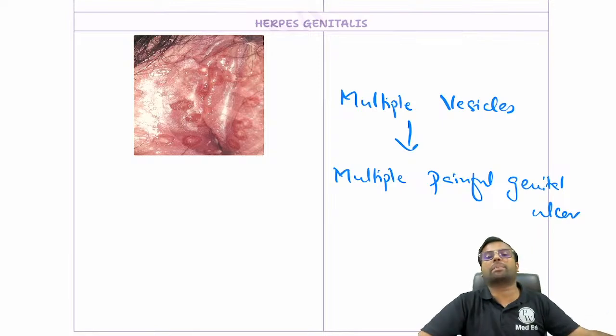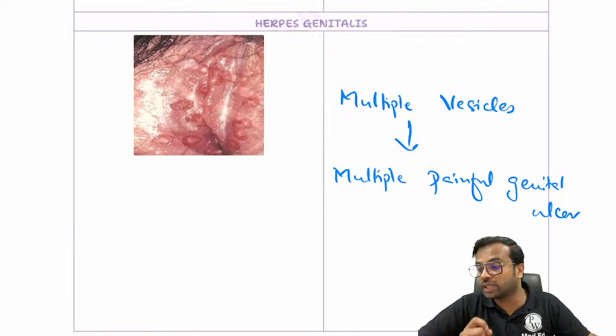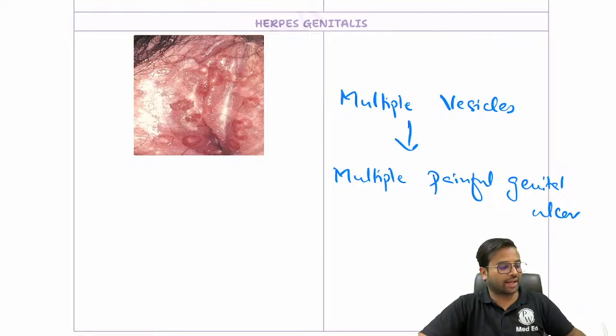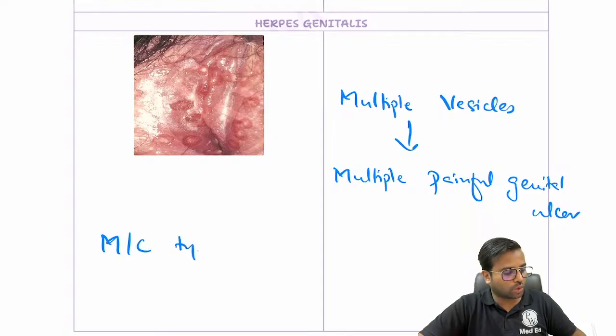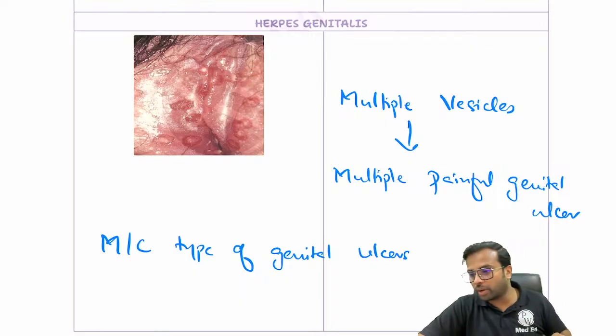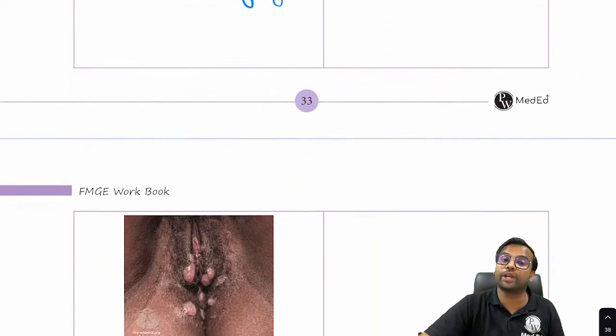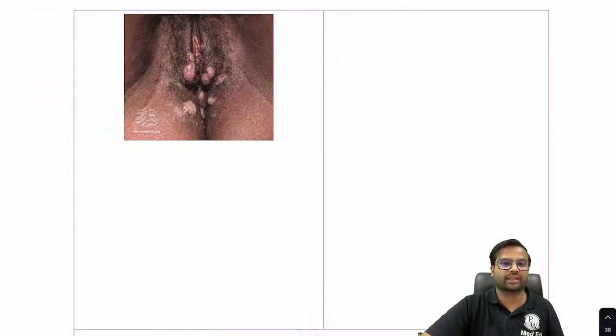So when the patient presents with multiple painful genital ulcers with painful lymphadenopathy, that is called as herpes genitalis. Please remember for your exam, this is the most common type of genital ulcer. Javier says HSV2 mainly. Correct.